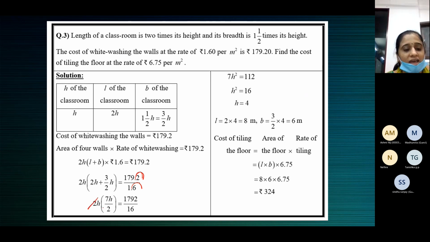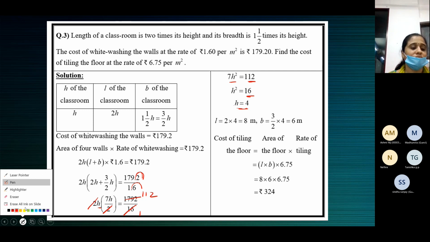Now 2 and 2 get cancelled. 7h into h is 7h square, equal to 112 on simplifying. You don't have to use the 16 table straight away, you do it with the 2 table. So h square is equal to 112 by 7, which is 16. So h is equal to square root of 16, which is 4.